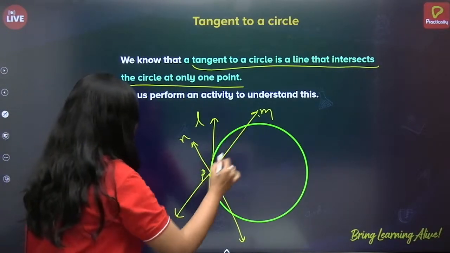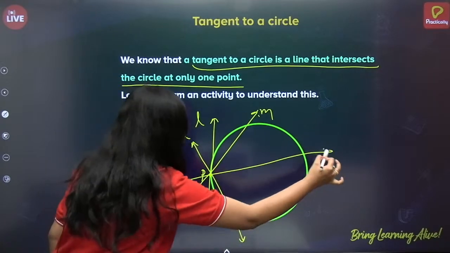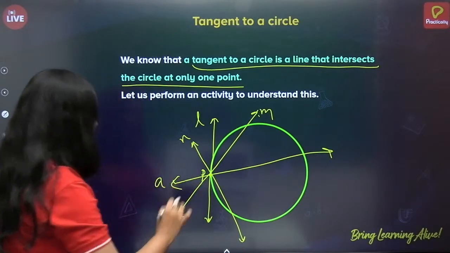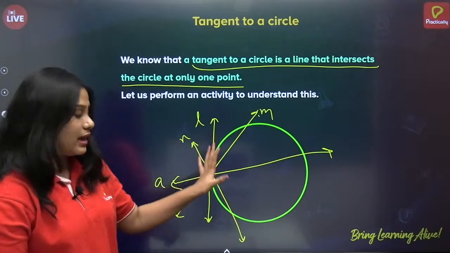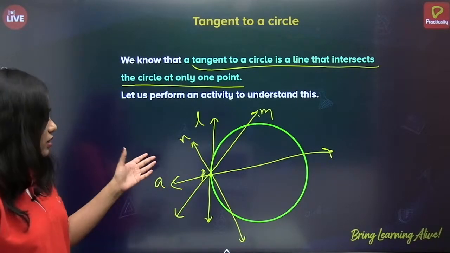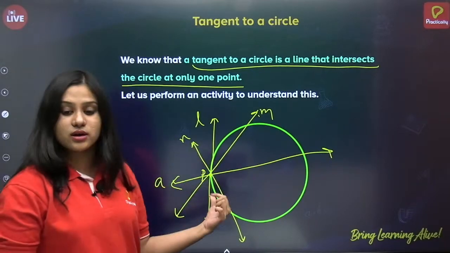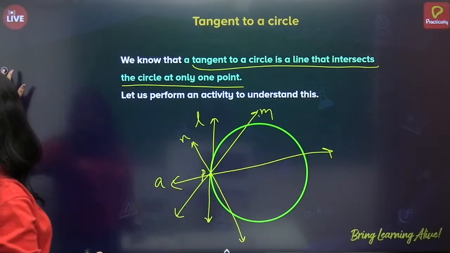So, we have taken these two. Let me take another also. Let me draw like this. This is line A. So, you see that in the three conditions, that is lines M, N and A, the line is intersecting the circle at two different positions, correct?